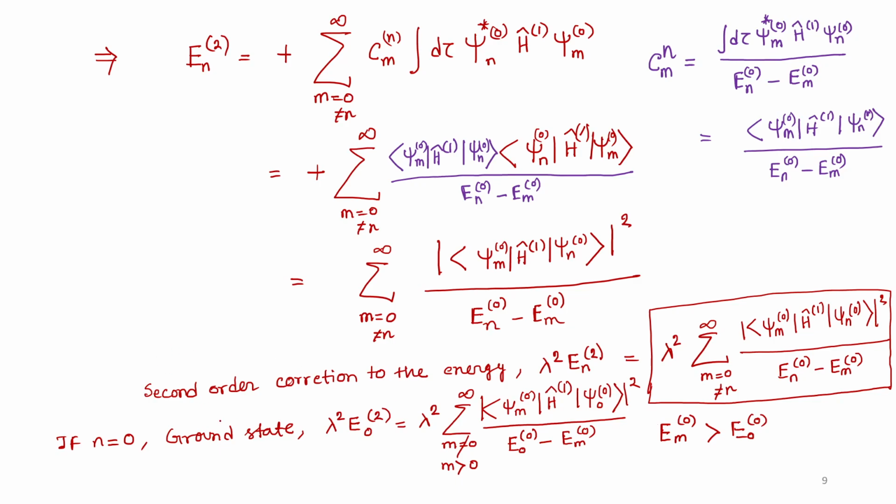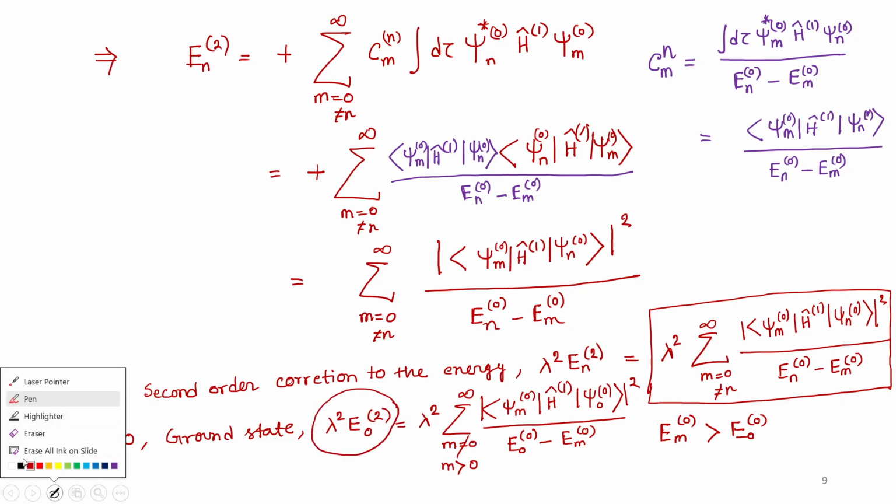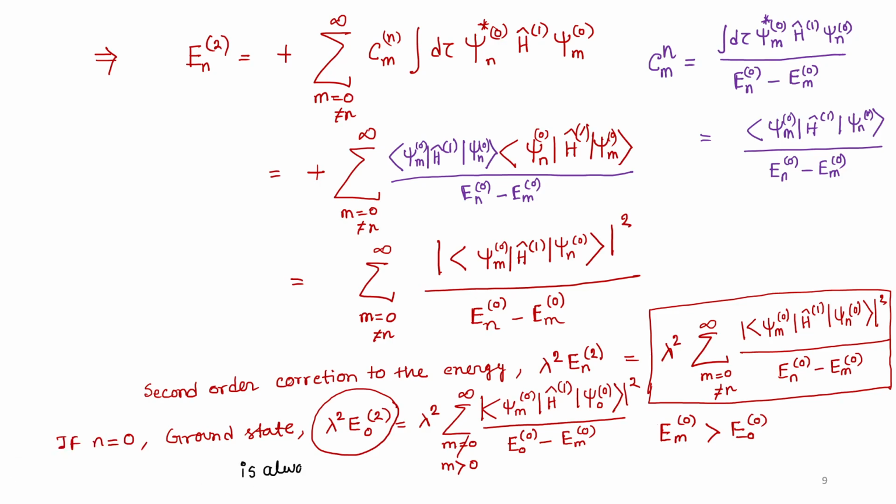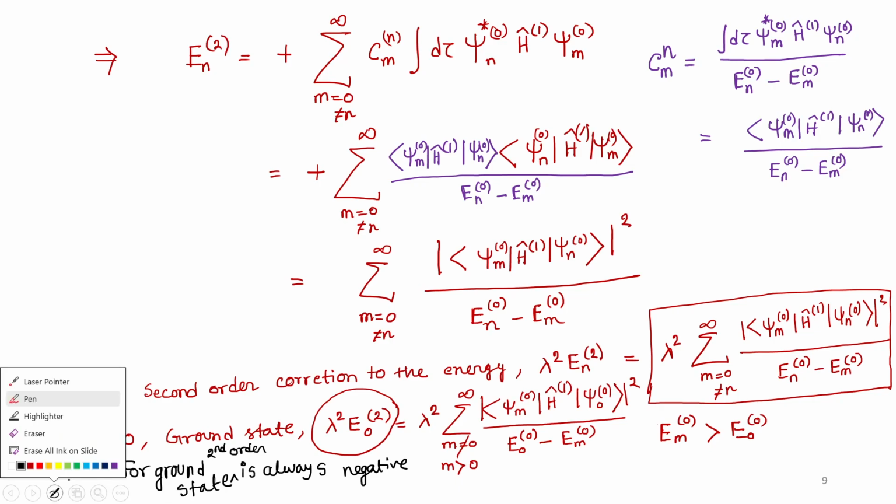So this term, the correction to the second order, is always negative. But for the ground state this is also important.